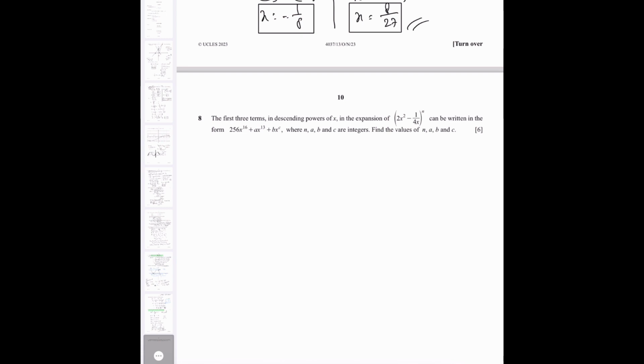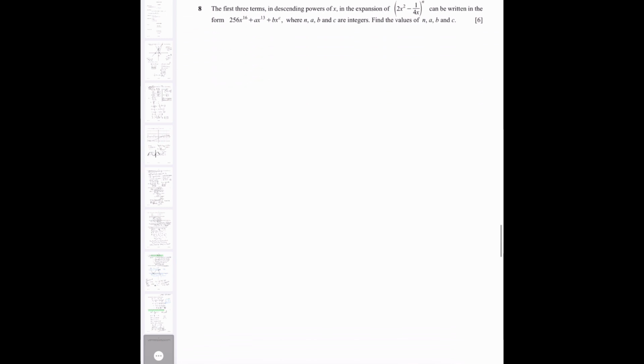Question 8. The first three terms in ascending power of x in the expansion can be written in the form given, where n, a, b and c are integers. Find the values of n, a, b and c.